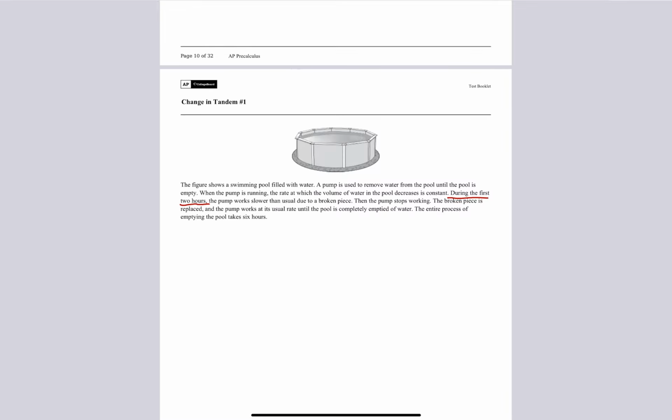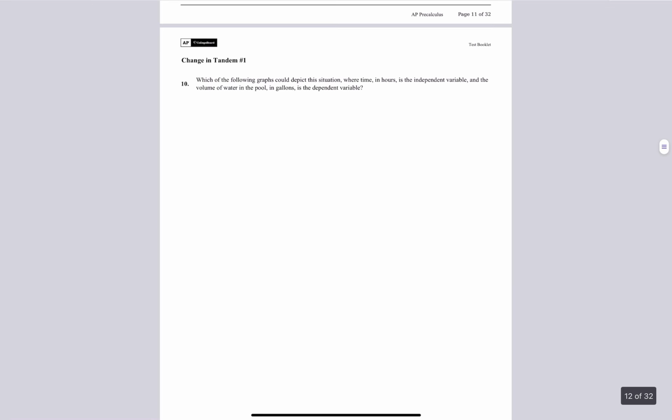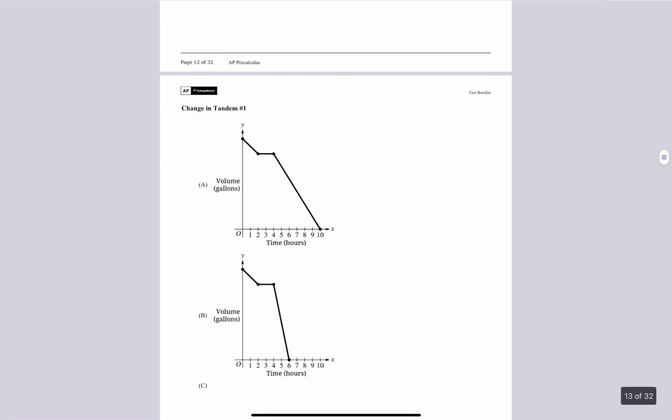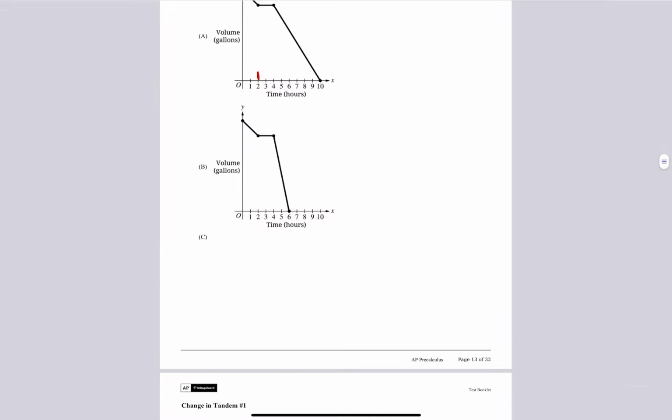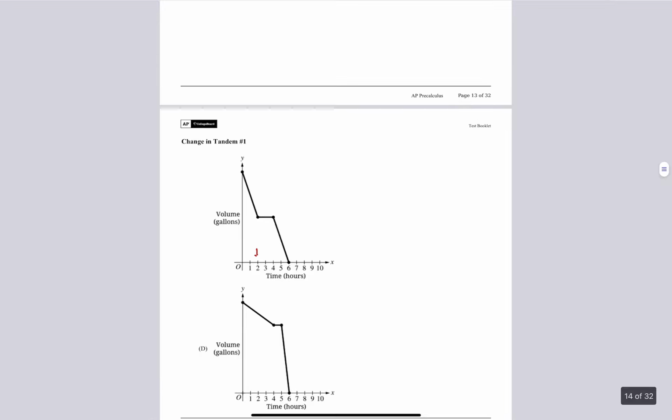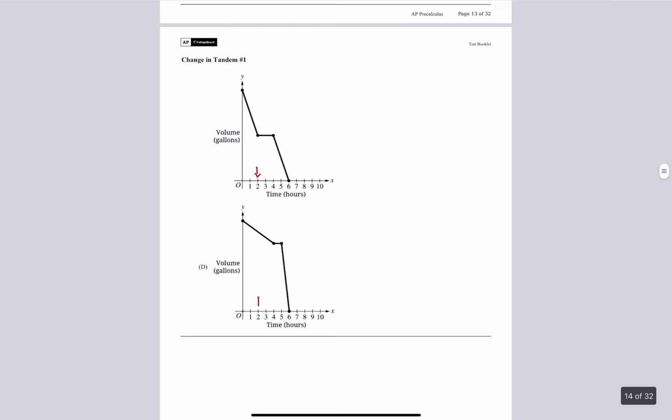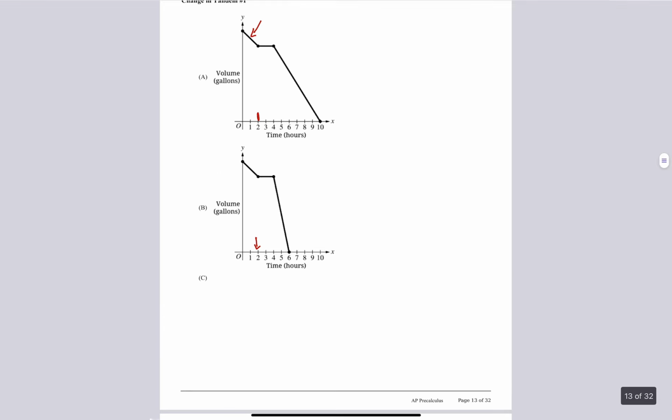During the first 2 hours, the pump works slower than usual due to a broken piece, which means we're going to be looking at the first 2 hours where this rate is slower than the remaining parts of this graph.